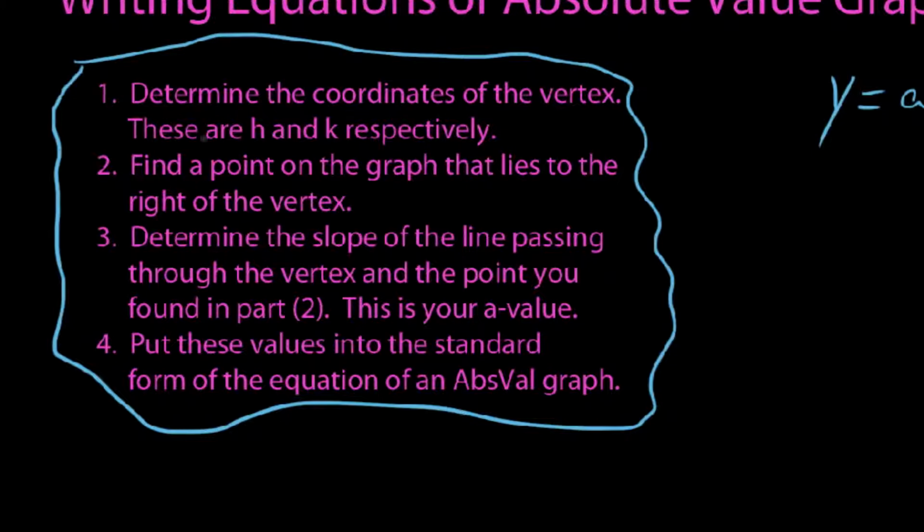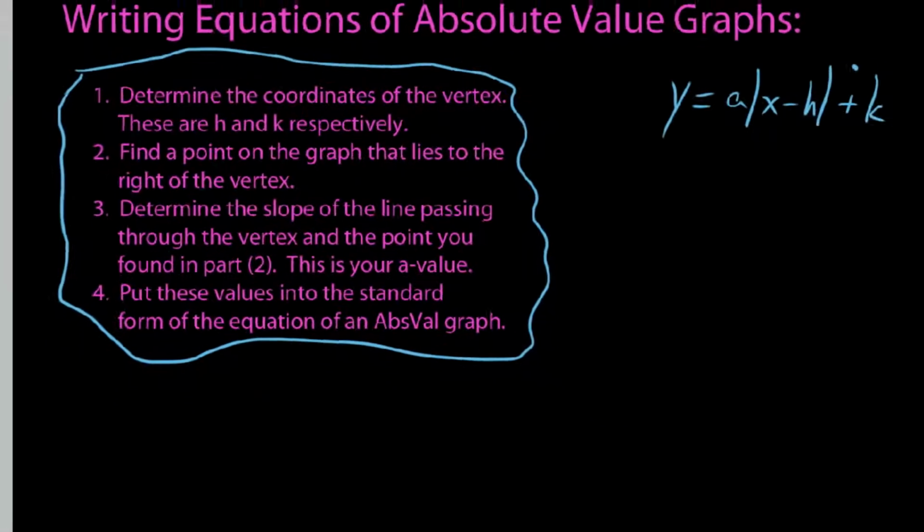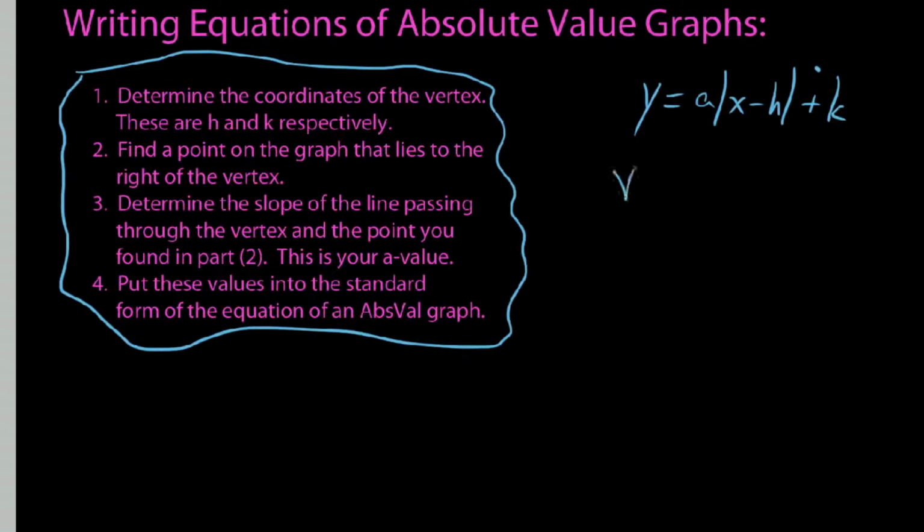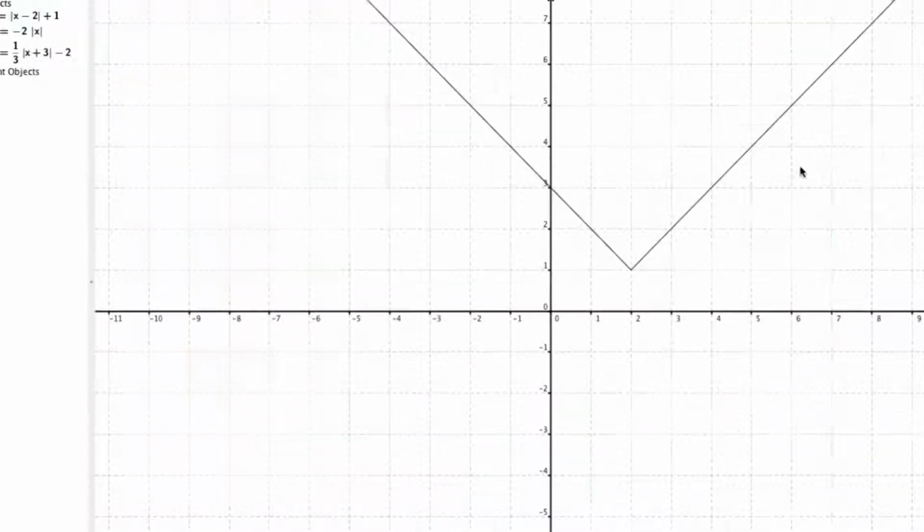The first thing we're going to do is determine the coordinates of the vertex. Recall, the vertex is always at h comma k. So if we know the values of the vertex, then we know h and k respectively, the x and y values of our vertex. As we go through the steps, we'll look at this graph over here.